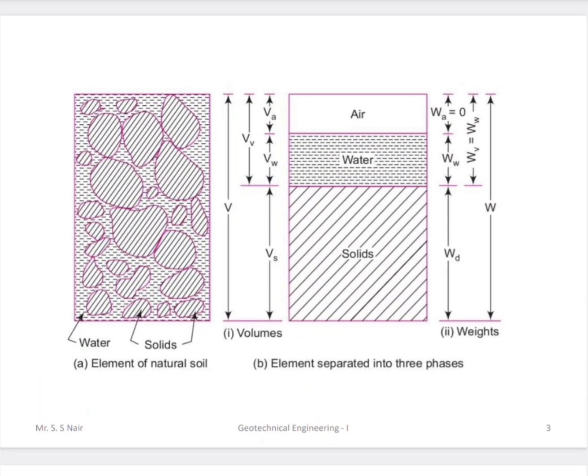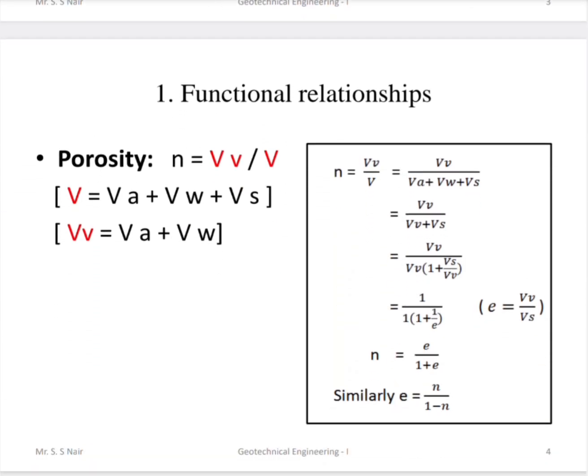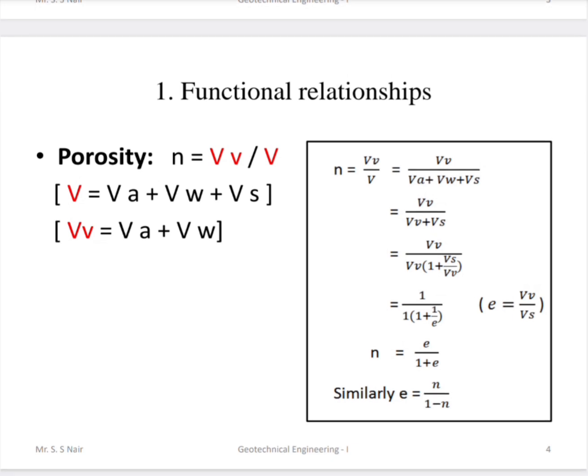We have already seen this three-phase diagram. In the three-phase diagram, we all know porosity is volume of void to the total volume. Here total volume is substituted, volume of void is volume of water plus volume of air.